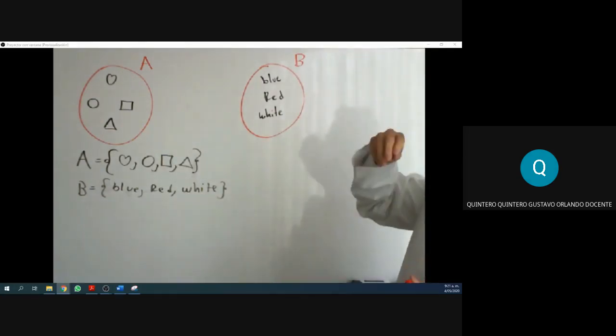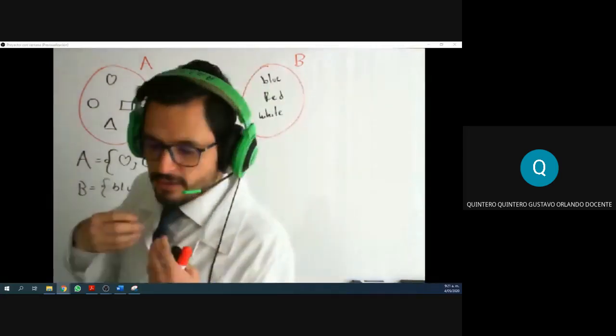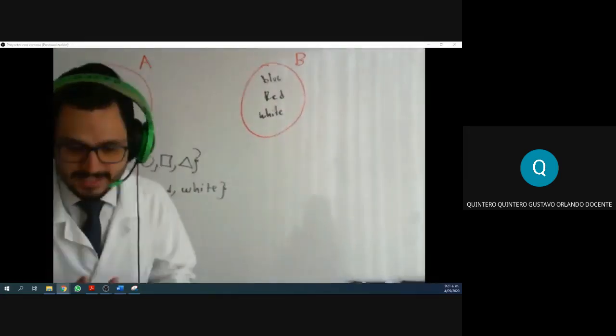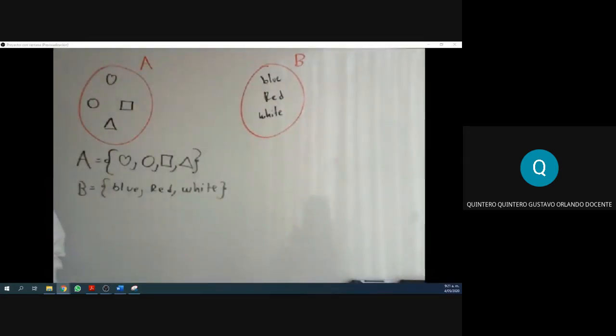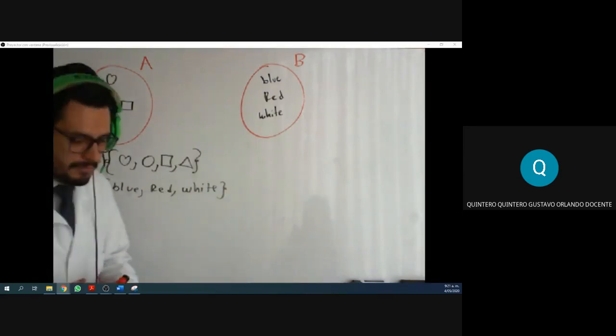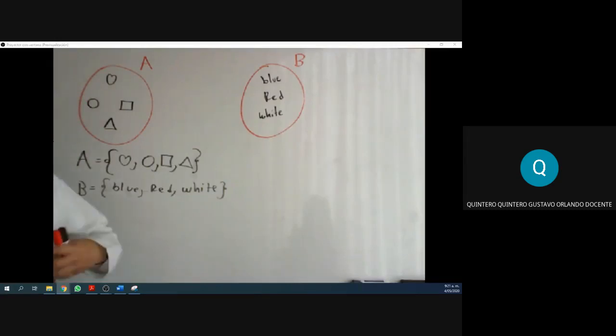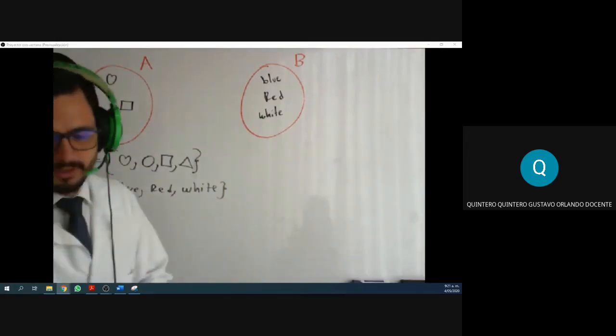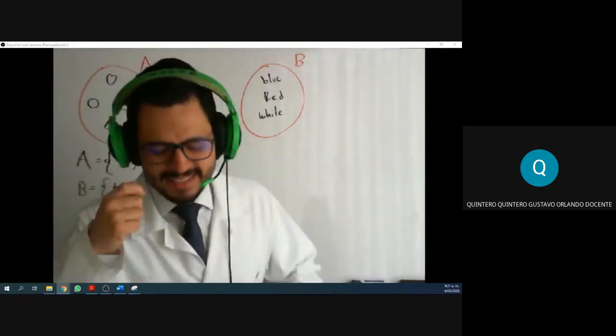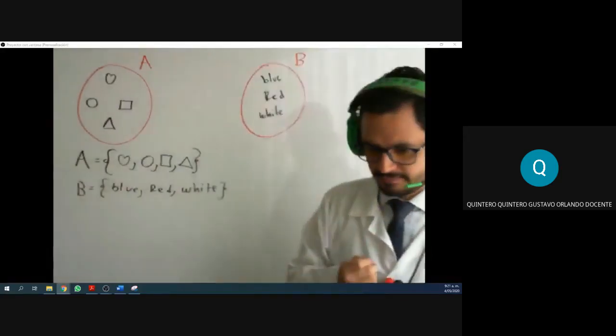So in mathematics, this is set theory. Set theory in mathematics is extremely dependent on the description you give to each set. It is extremely dependent on that.